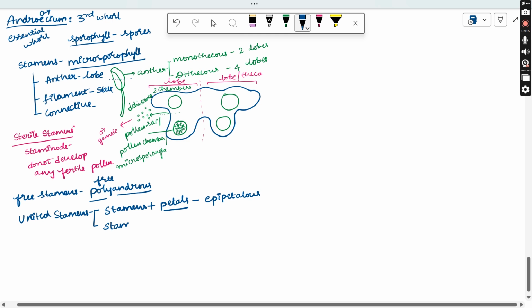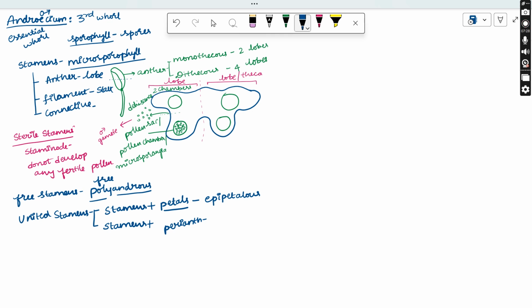Or in another condition, the stamens will be attached to the perianth. So we know this, the perianth, where you cannot see distinct sepals or petals, or you cannot even differentiate whether it is a calyx or corolla, then the stamens are attached to or fused with this perianth.